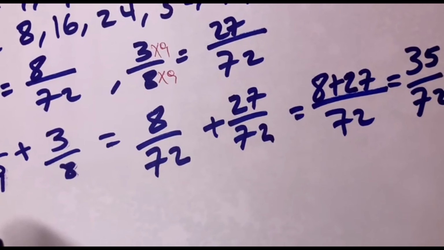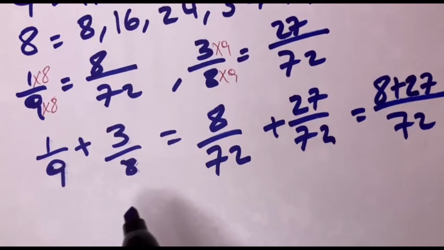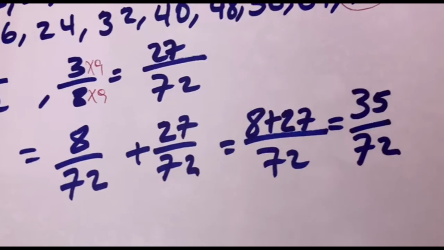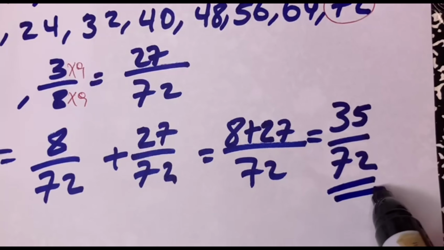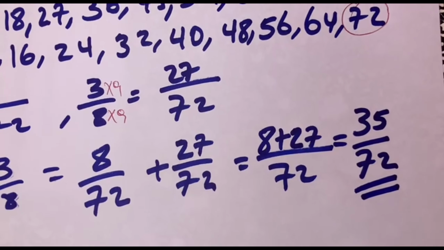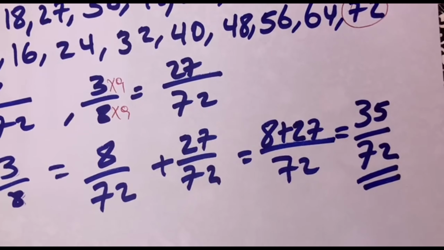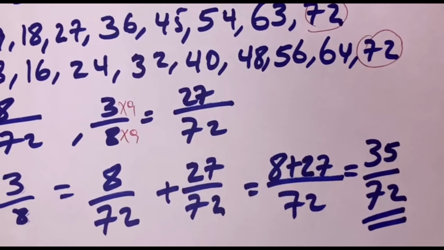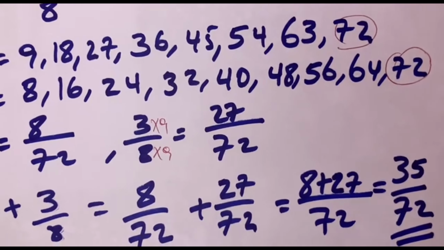Okay, so the result of 1 over 9 plus 3 over 8 will be 35 over 72. So this is all about adding with different denominators.